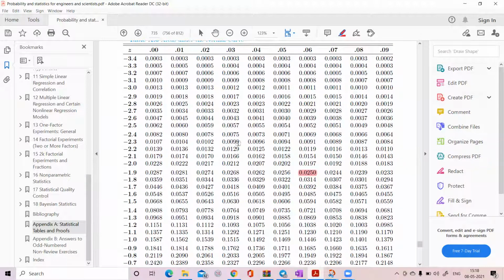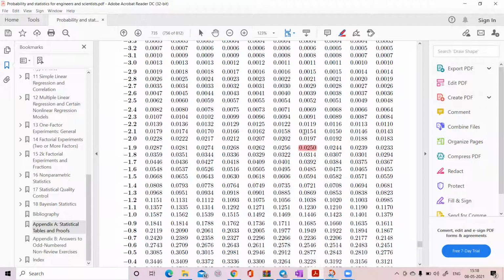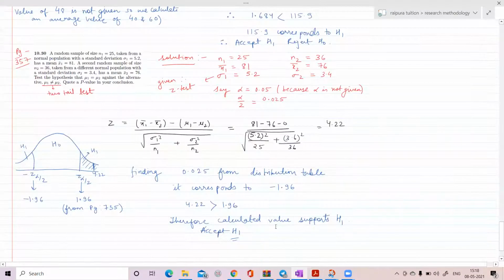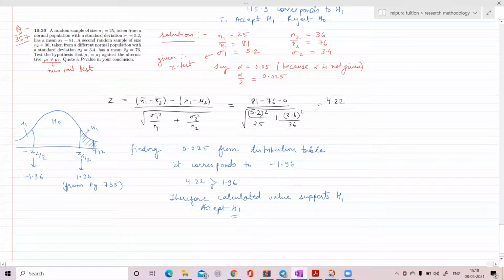So we will add minus 1.9 and 0.06, which gives us minus 1.96. So we will check our calculated value against this value, minus 1.96. 4.22 is greater than 1.96, because minus 1.96 will be lying here and 1.96 will be here. So 4.22 belongs to the region of H1. So we accepted H1 and we rejected H0.